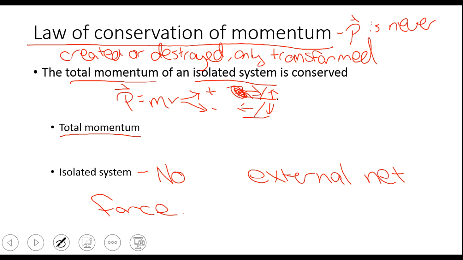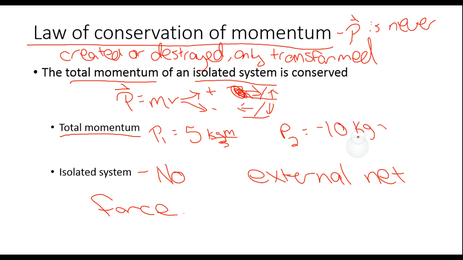And so let's say that we have these two objects, and one has a momentum of 5 kilogram meter per second, and the other has a momentum of, let's say, negative 10 kilogram meter per second.